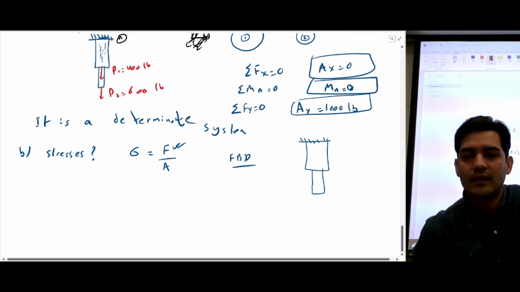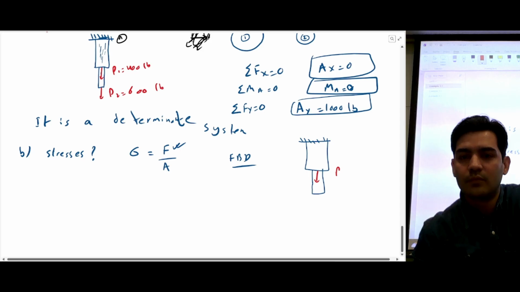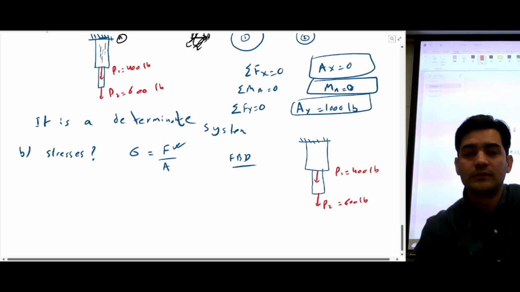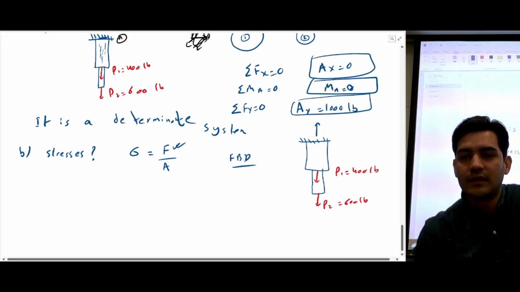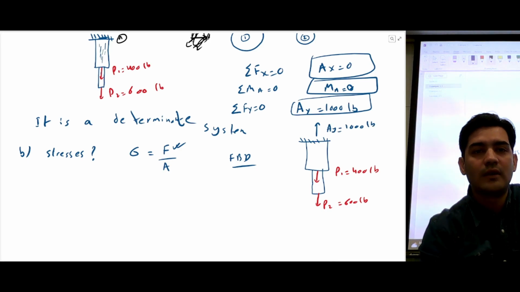We already know this load P1 is 400 pounds and this load P2 is 600 pounds. We have already calculated the reaction load, AY equal to 1000 pounds. Now we need to calculate the internal load.